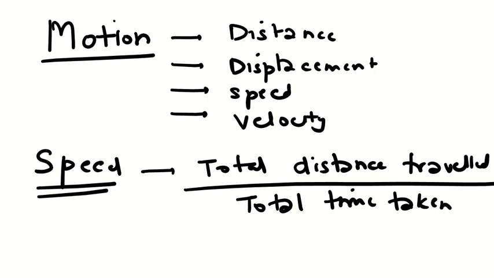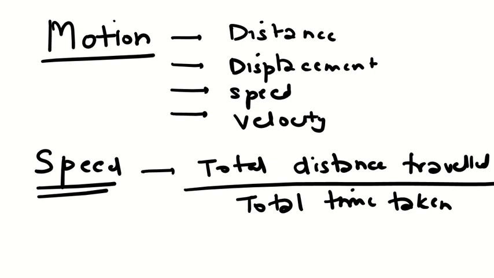Speed tells us the total distance traveled divided by total time taken. Basically, what speed was trying to tell us was how much distance is traveled per unit time.